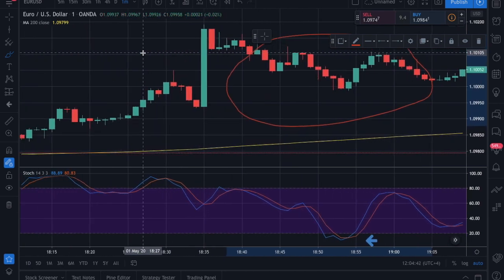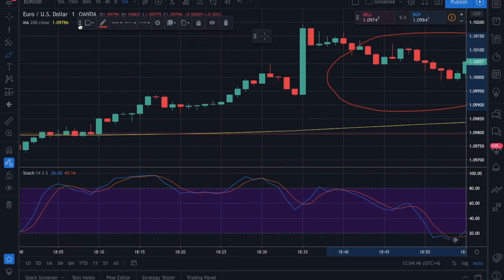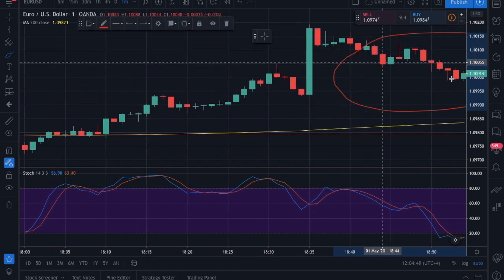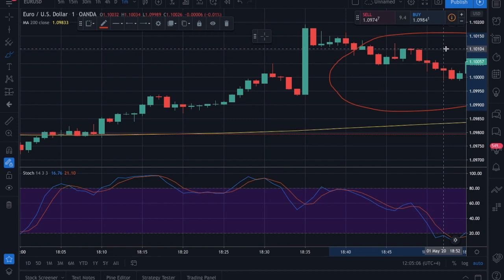So if we don't have that, let's say it's like this. Okay, let me move these for you guys. So it's like this, and here it gives us the confirmation of the stochastic. So here we're going to start buying. So our take profit should be here, the first resistance, the nearest resistance is our take profit.